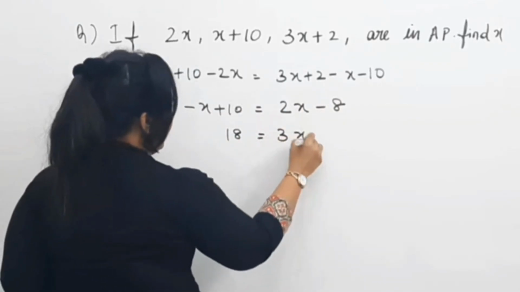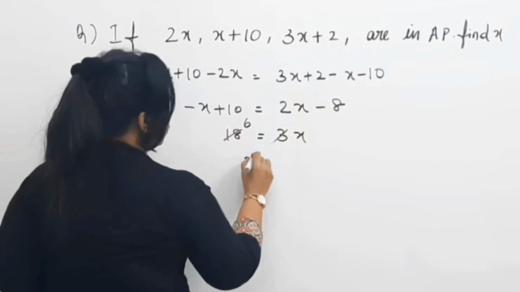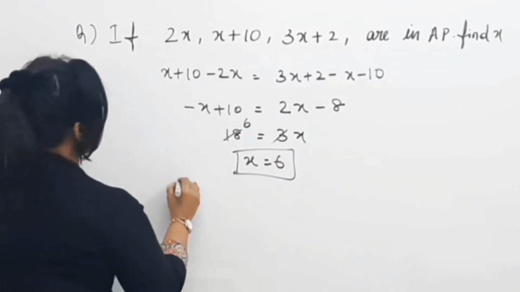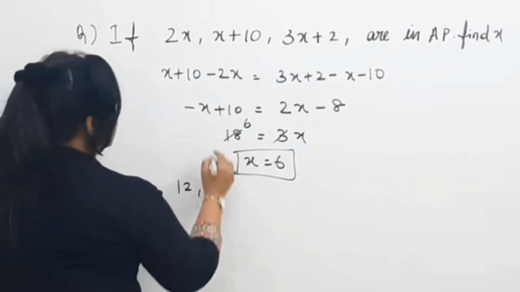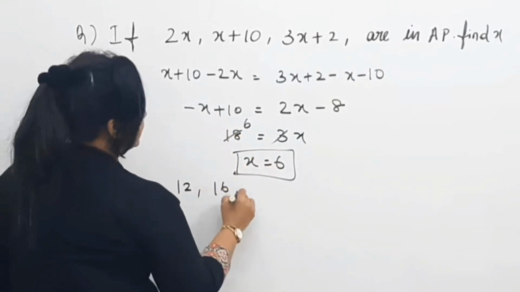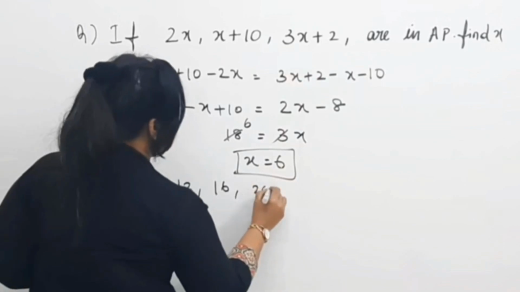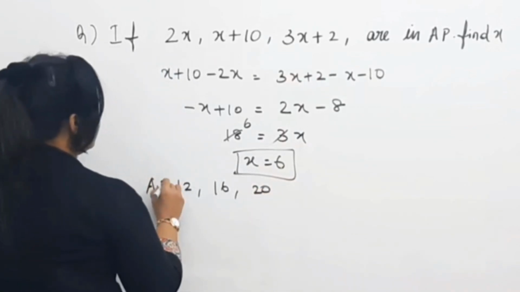This becomes 3x. So this gets cancelled. So my x is equal to 6. So my terms are 6 2s are 12, and then 6 plus 10 is 16, and then 6 3s are 18, 18 plus 2 is 20. So that's my AP.